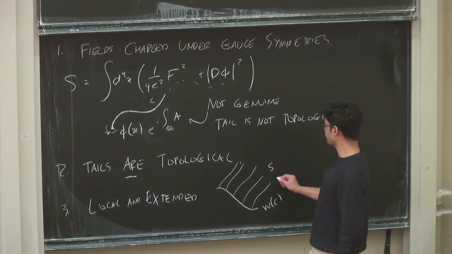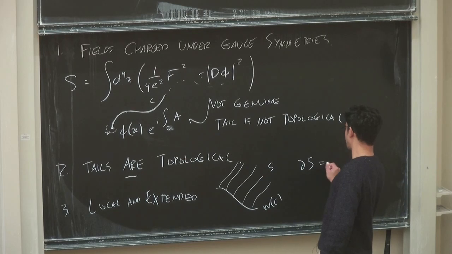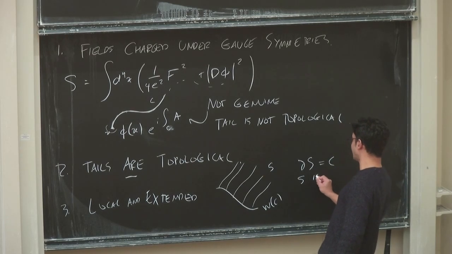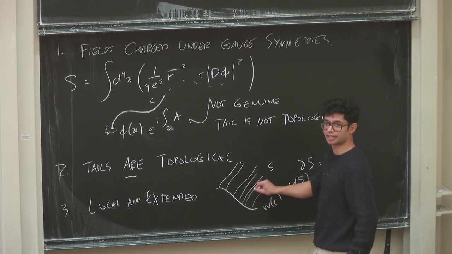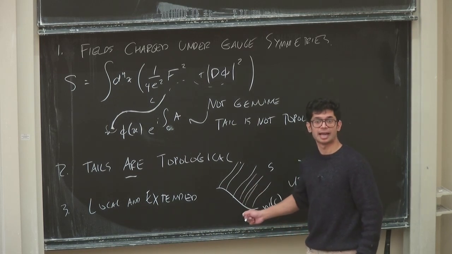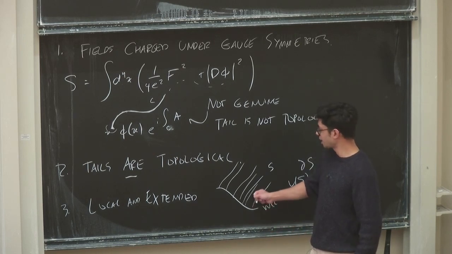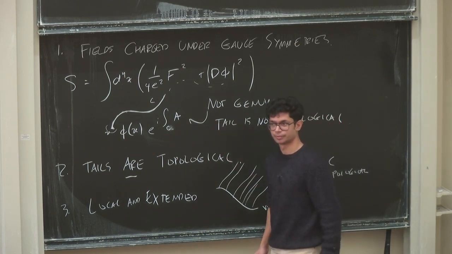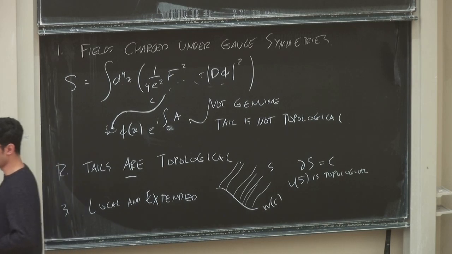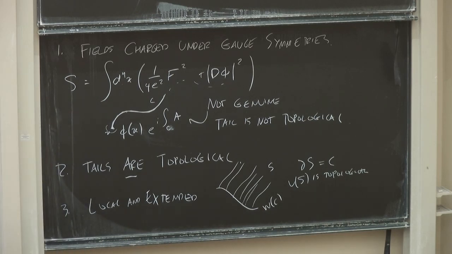So there's some surface S coming out from it, where the boundary of that surface is C, and where S is topological. Or rather, the operator defined on S, that's the analog of this tail, is topological. This can happen, all right? This is the higher dimensional analog of that. All right? So it is important to distinguish these things from each other, all right?